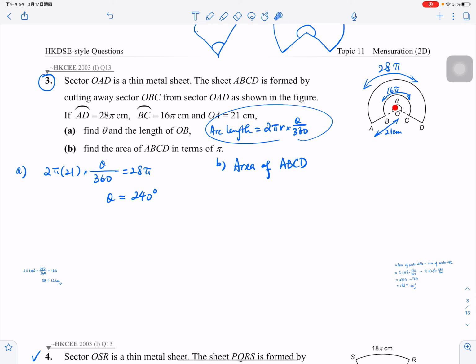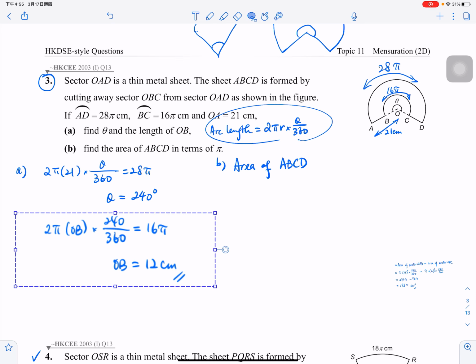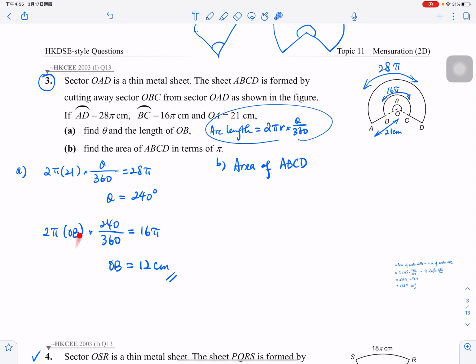Now from arc BC, 16 pi, and theta 240 degrees, we can find the smaller radius. 2 pi times the radius OB times 240 over 360 equals 16 pi, right? So OB is 12 cm. Now we know theta is 240 degrees and OB is 12 cm.